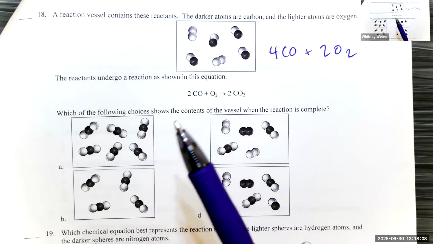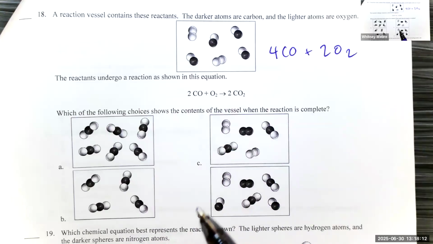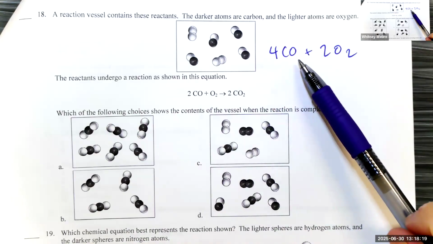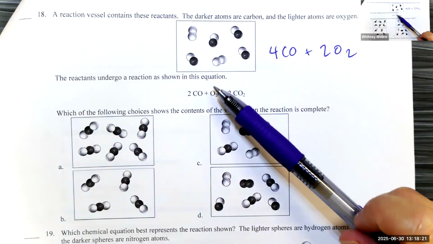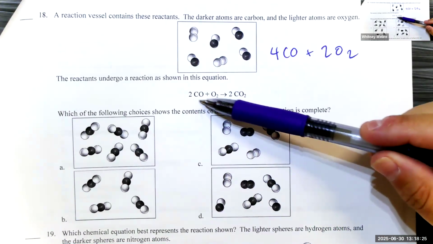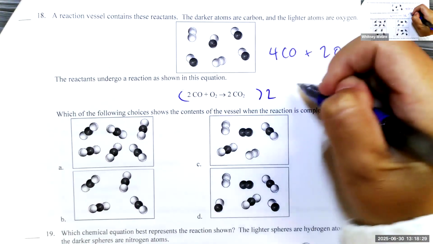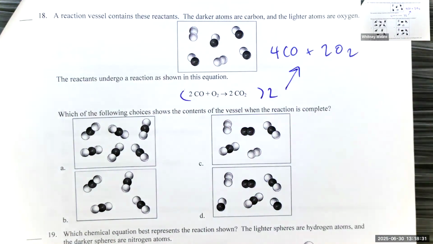The reactants undergo a reaction as shown by this equation, okay? Which of the following choices shows the contents of the vessel when the reaction is complete? So it looks like what I have here is double this reaction. Do y'all see that? If you take the reactants here and multiply by 2, you get this, right?